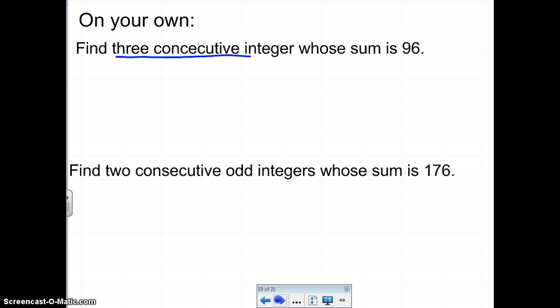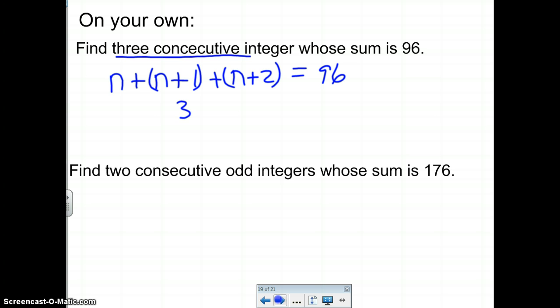In this case it's consecutive, so that's going to be one right after another, not a space in between. So I have n plus n plus 1 plus n plus 2. A lot of times I like to put parentheses around the different integers, and that's going to get us to 96. That ends up being 3n plus 3 equals 96.